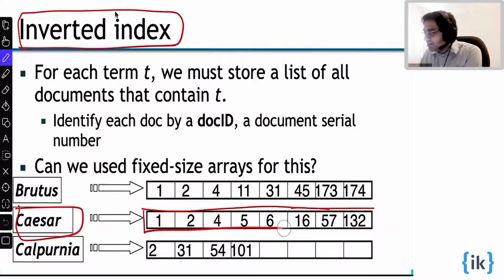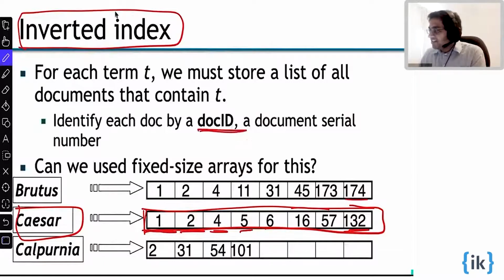We just store the document names or IDs which contain that word, and that's going to be a relatively small number of documents. So Caesar here appears in document 1, document 2, 4, 5, 6, 132, and so on. Obviously we've gone beyond the 37 plays of Shakespeare here, but these are just some arbitrary values.